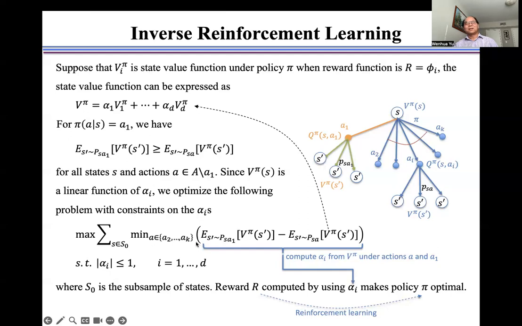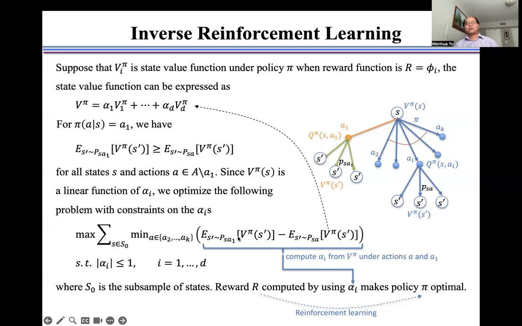The inner part, as we mentioned before, is that we try to find the action in the action space, except the optimal action A1. Then we need to minimize this difference.